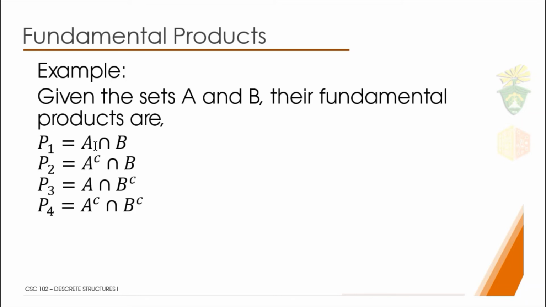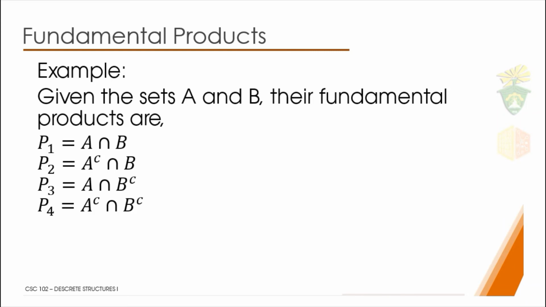So we see here A intersection B, and also A complement intersected to B, and A intersected to B complement, and A complement intersected to B complement. As you can see, all of the possible combinations of the sets A and its complement with the intersection are here in the fundamental products. And we have four fundamental products from these two sets.